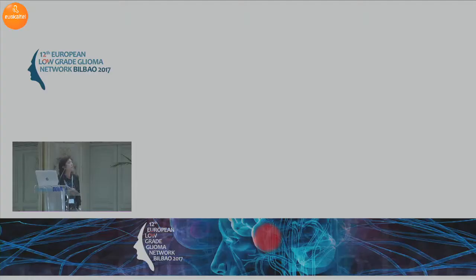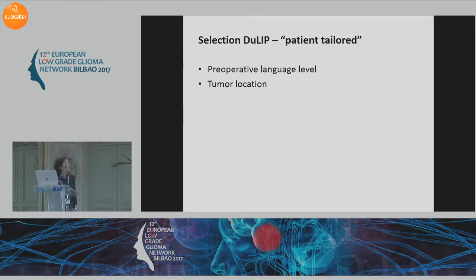We look at the preoperative language level, tumor location, and patient characteristics, such as profession or hobbies. It is very important to mention that you have to administer the preoperative tasks in order to detect the disturbances and to be certain, if there is an impairment during the stimulation, that it is caused by the stimulation itself and not by a pre-existent language deficit.